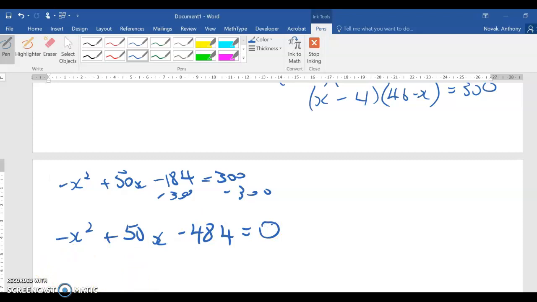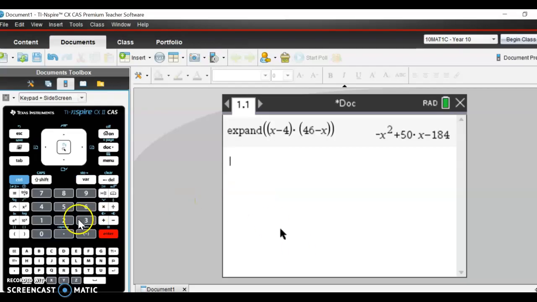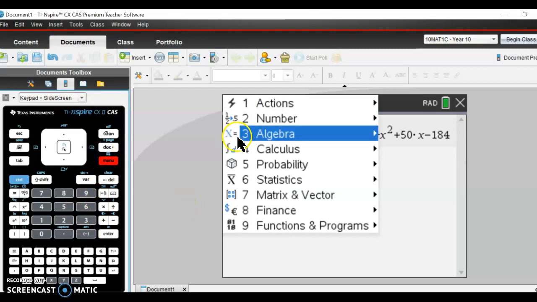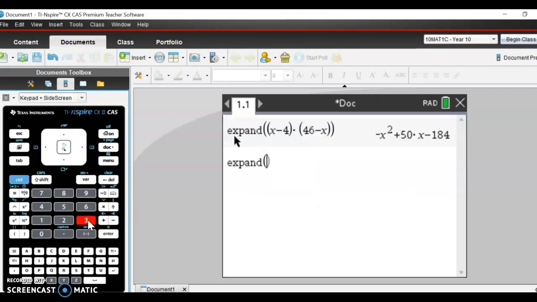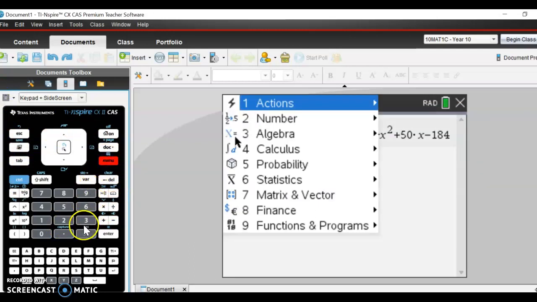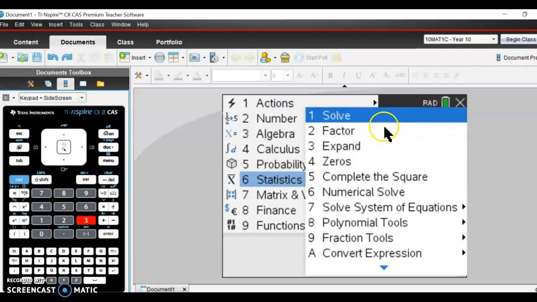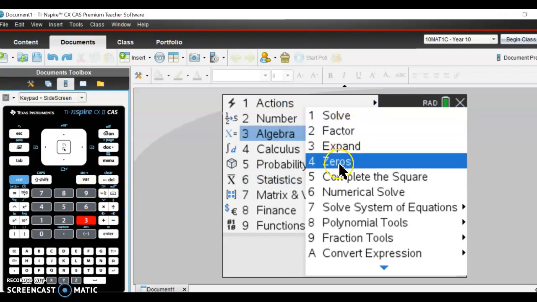So going to our calculator again, menu, algebra, 3. Remember, oops, control escape. Let's try that again. Menu 3 for algebra. We could either solve or we can use the zeros.